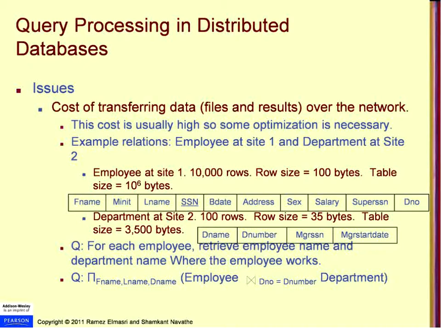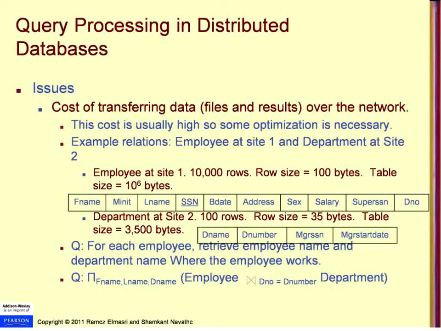But if the query is executed in a wide area network, the communication cost is very important. So we want to optimize the query such that the communication cost is also reduced. The issue in query processing in a distributed database is to reduce the cost of transferring data over the network. The data is the database files, the relations, and the results of the query as well. This cost is high, so some optimization is necessary.